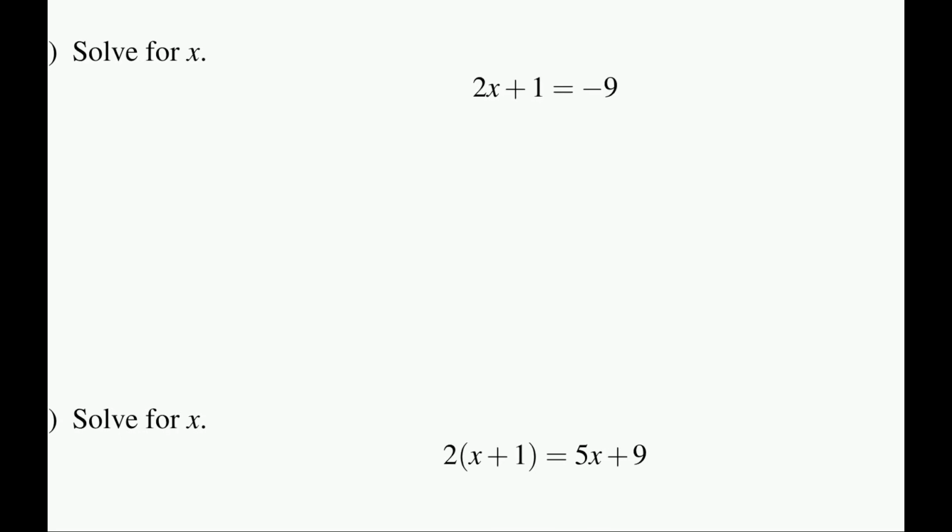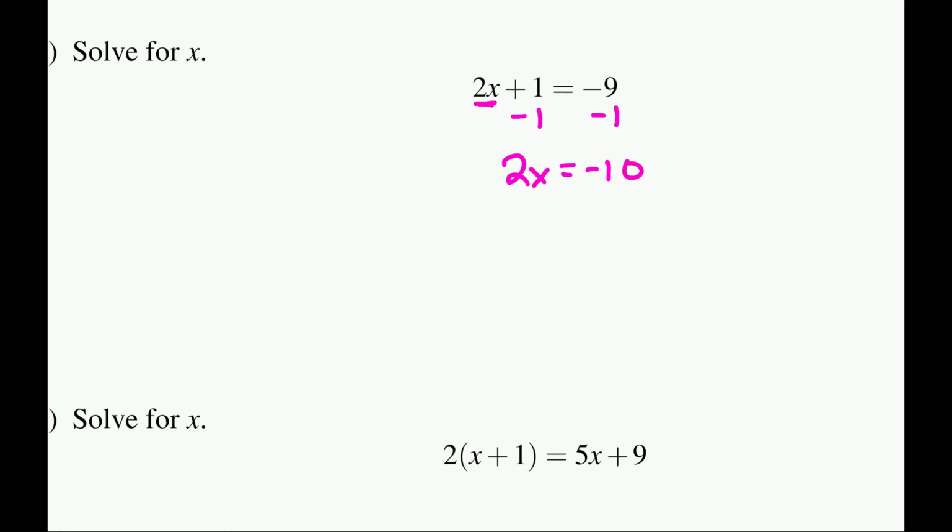So if we're going to solve for x on this first equation, 2x plus 1 equals -9, we want to get the 2x by itself. So we want to get rid of that plus 1. So we subtract 1 from both sides. Of course, it cancels on the left and we get 2x. On the right, -9 minus 1 is -10.